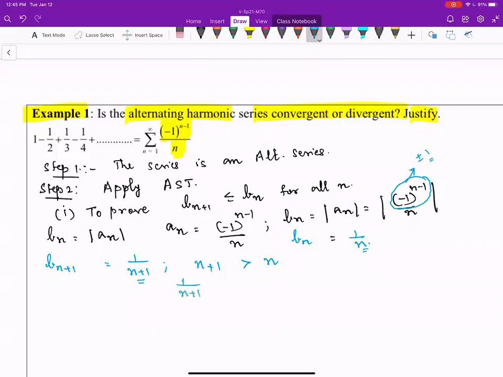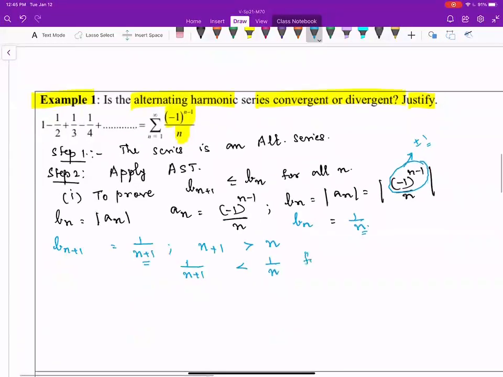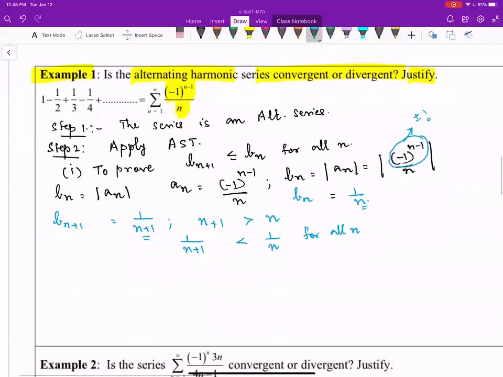So 1 over n plus 1 is less than 1 over n, and this is true for all n. So what we have shown is b sub n plus 1 is less than or equal to b sub n for all n. Thus condition 1 is established.